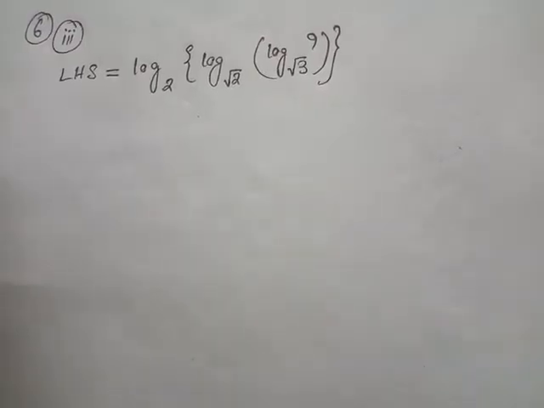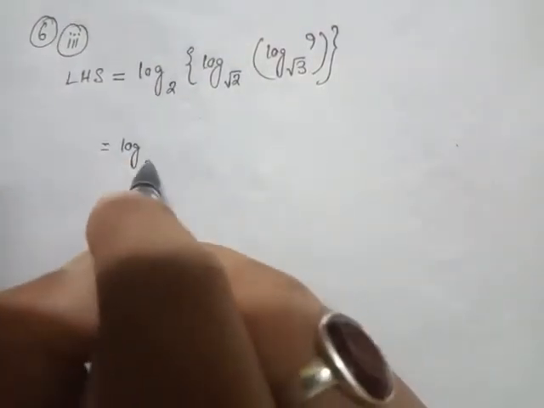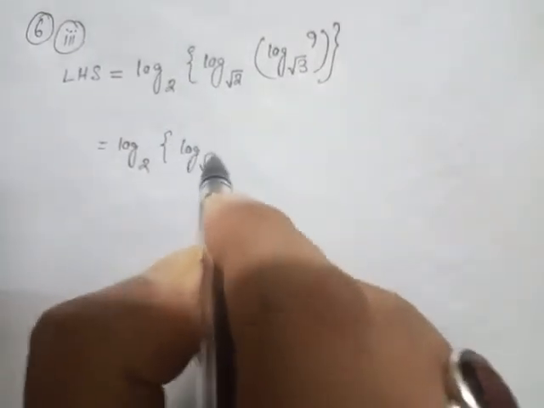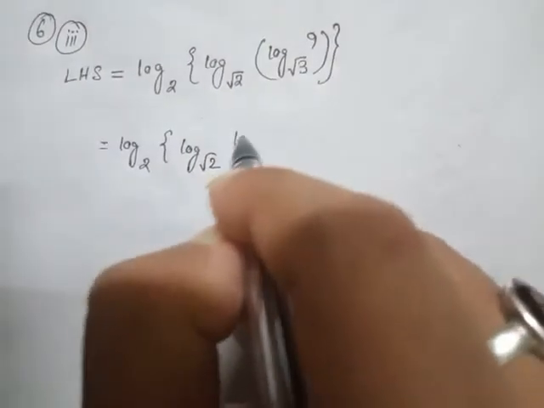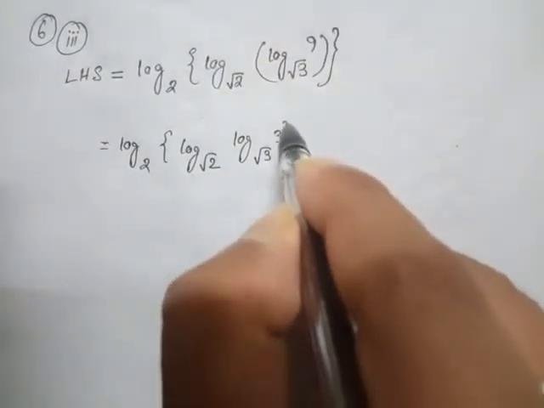Now look student, logarithm base 2, then here log base root 2, and there is log base root 3, and 9 is 3 square.